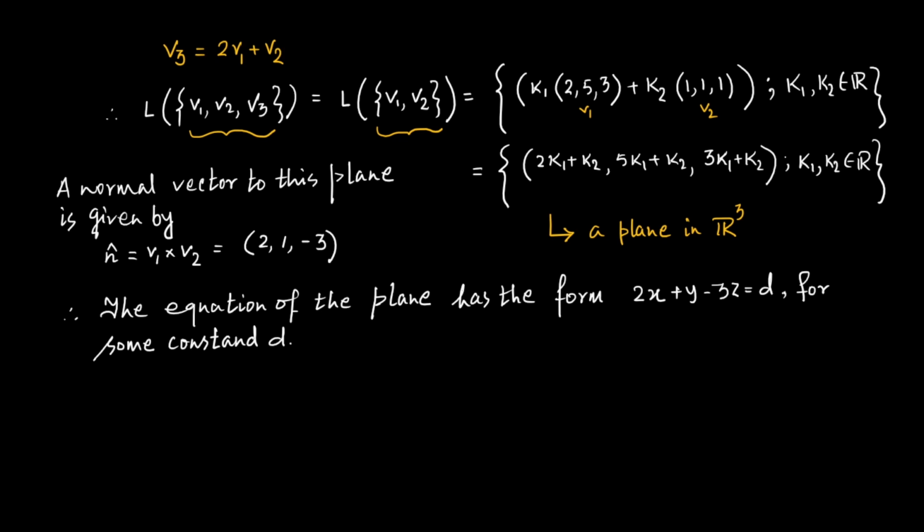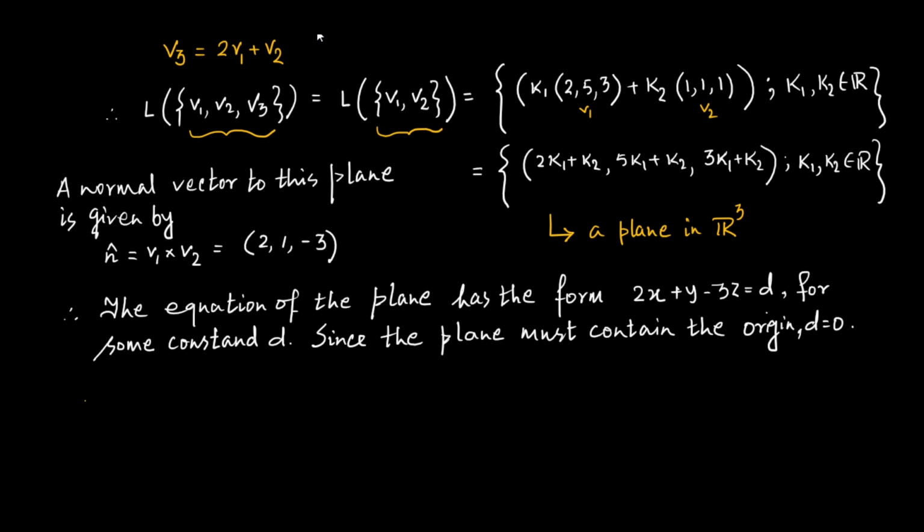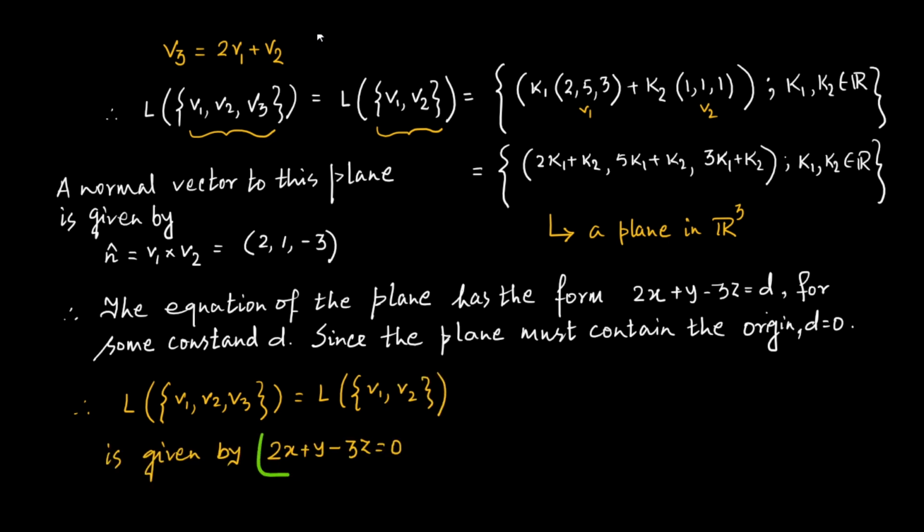That means d must be equal to 0 here. Therefore, the linear span of the set consisting of the vectors v1, v2, v3 is equal to the linear span of the set consisting of v1 and v2, and that is given by 2x plus y minus 3z is equal to 0.